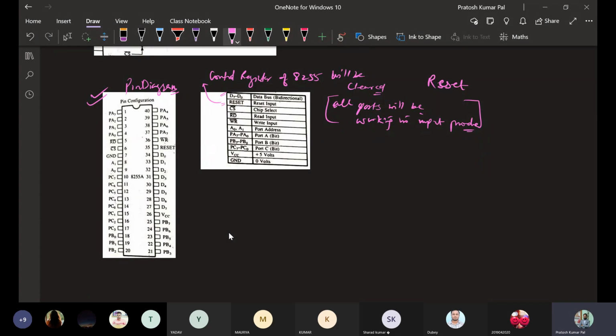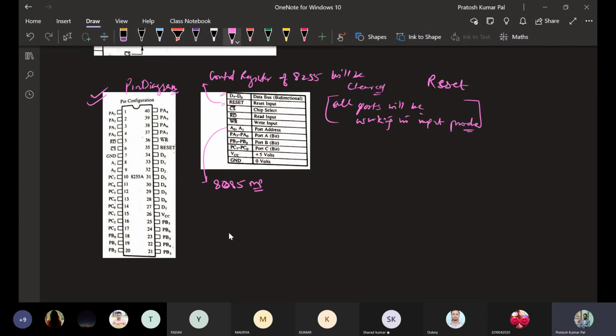And all other port addresses we already know, like at which pin which port bits or lines will be connected. So here A0, A1 is a part of the control pins. This A0 and A1 will be controlling basically the configuration, like which port we have selected of 8255, but A0 and A1 come from the 8085 microprocessor.